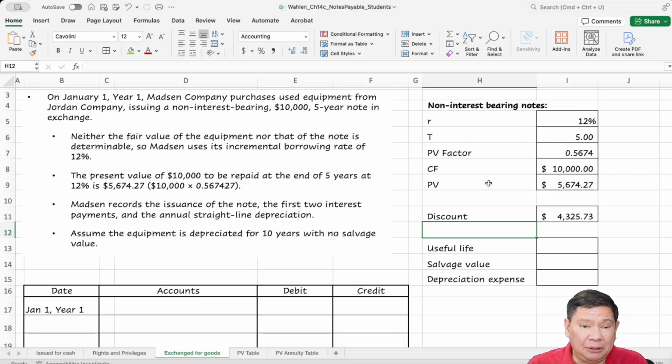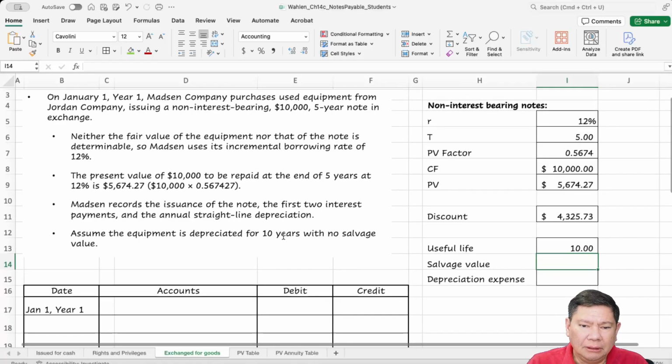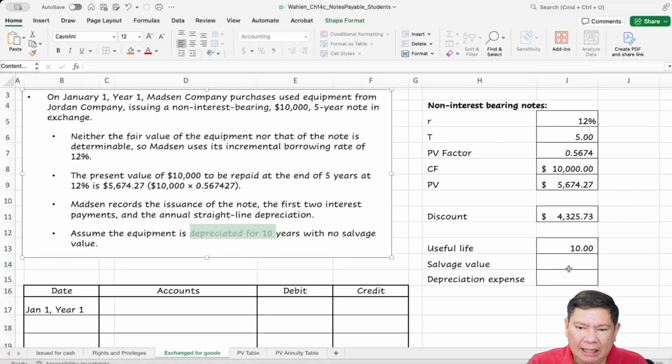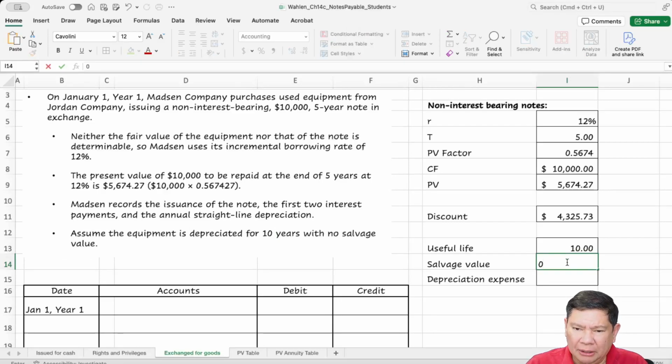Okay, and then we also need to do the depreciation journal entries. The useful life is going to be 10 years. I think the equipment can be used for 10 years. There is no salvage value. So the depreciation expense would be the value of that equipment calculated using the incremental borrowing rate of the issuing company minus salvage value and divide that by 10 years.